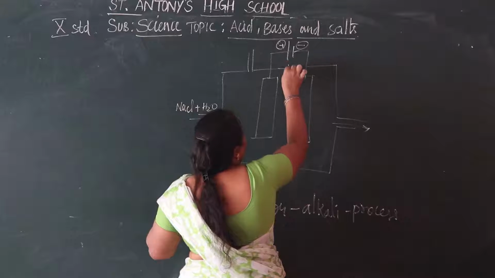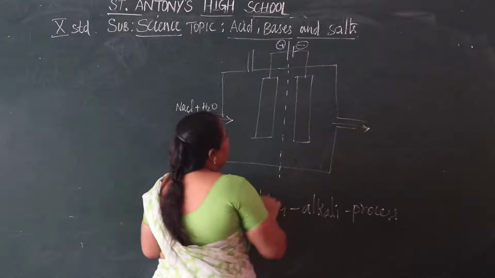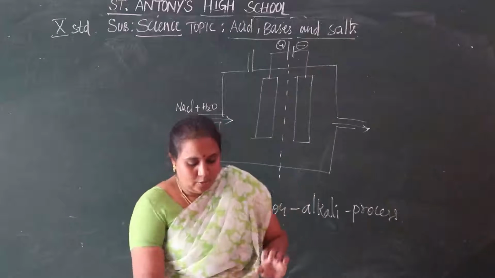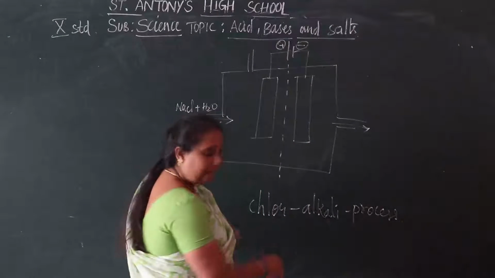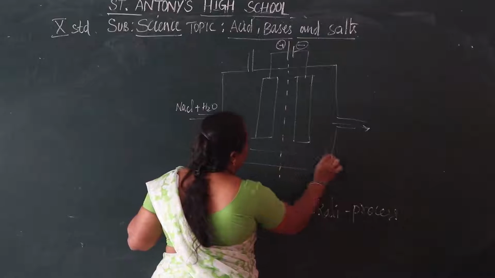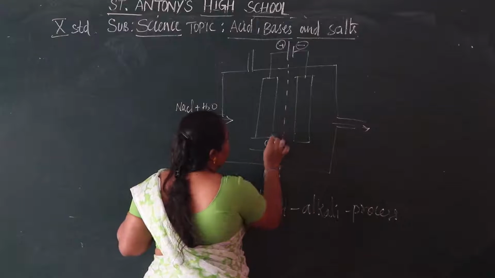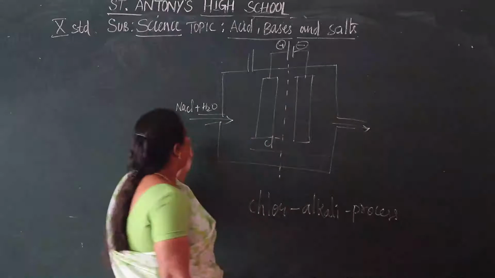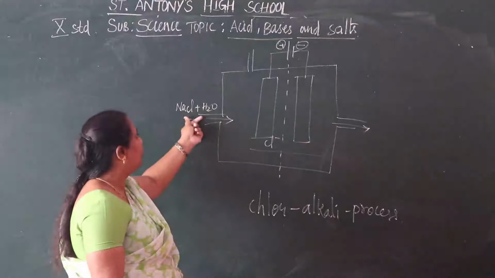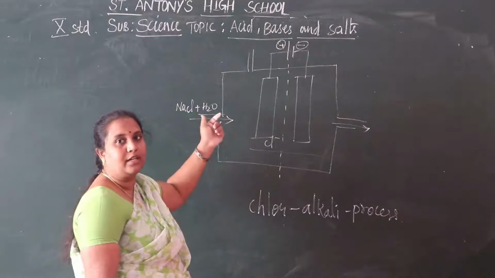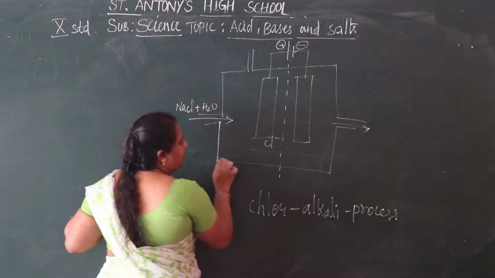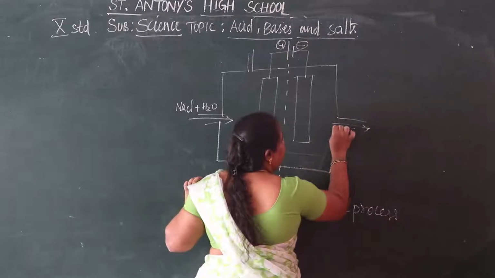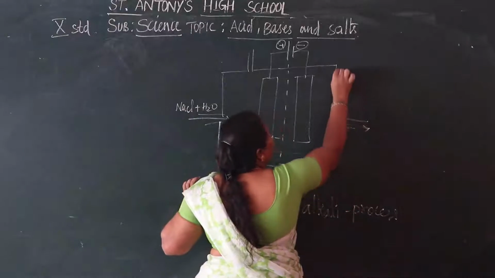Here we have the H plus ions and OH minus ions. We have two compounds, sodium chloride and H2O. For better clarity, see your textbook.